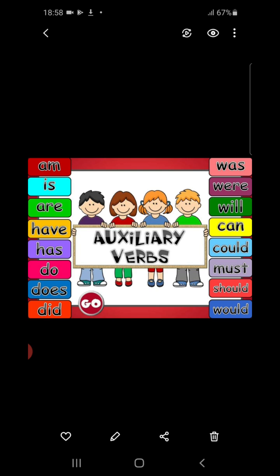Number 7, does. Number 8, did. Number 9, was. Number 10, were. Number 11, will. Number 12, can. Number 13, could. Number 14, must. Number 15, should. Number 16, would. And so on.